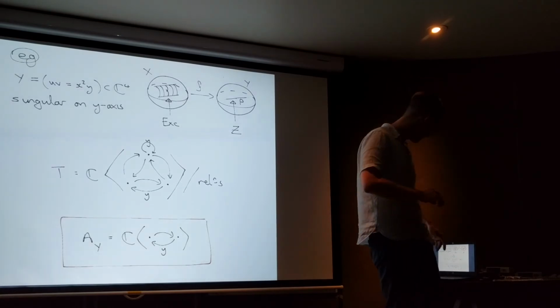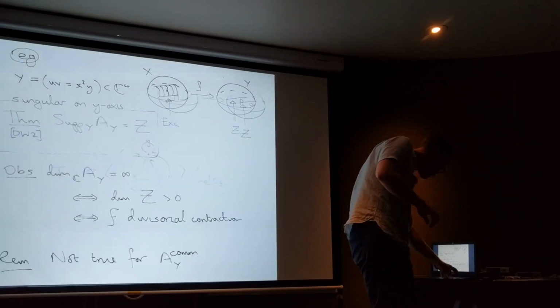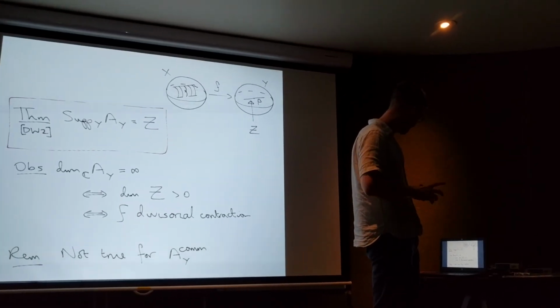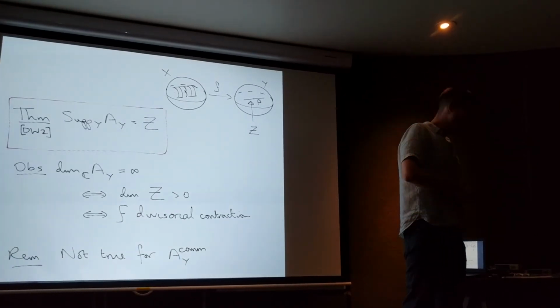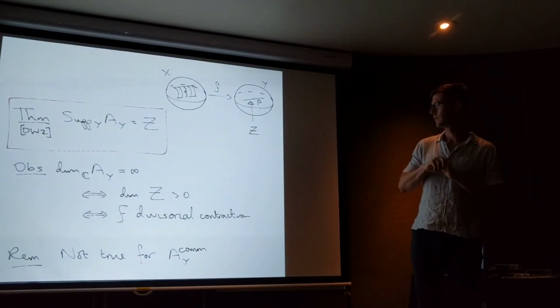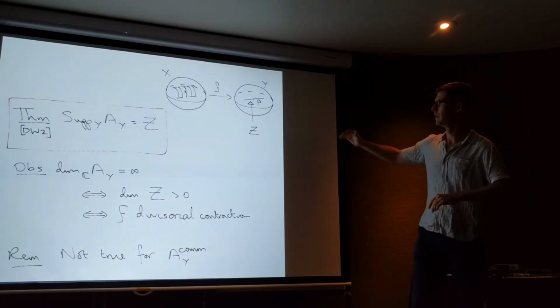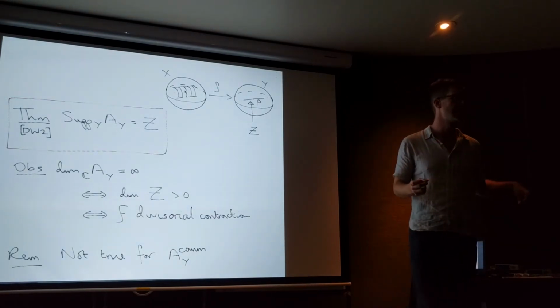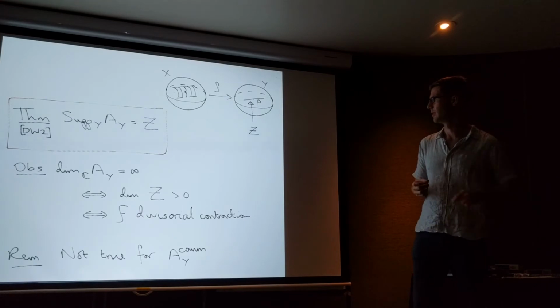Okay, so now we can prove a theorem that the support of AY as a sheaf on Y is precisely this Z, the non-isomorphism locus.